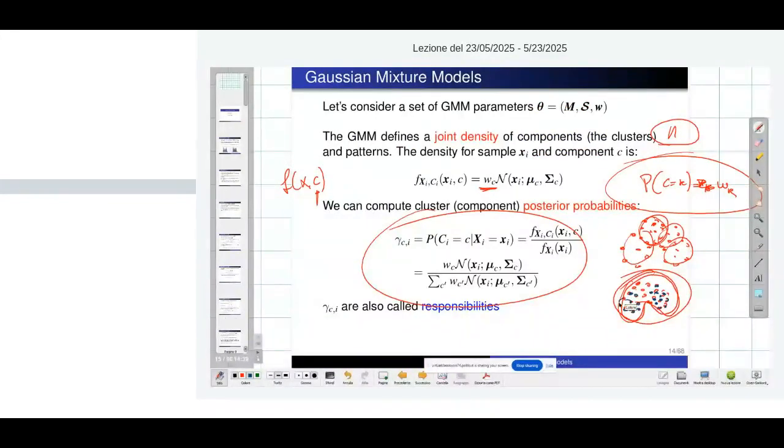We would just treat this as if it was a classification problem. Each cluster would correspond to a class. We would fit a Gaussian density for each cluster. We'll find the mean and covariance matrix of the samples of each class.